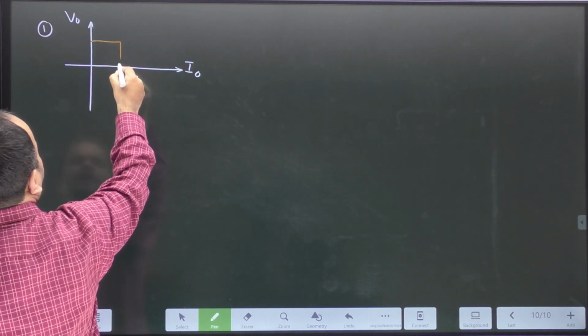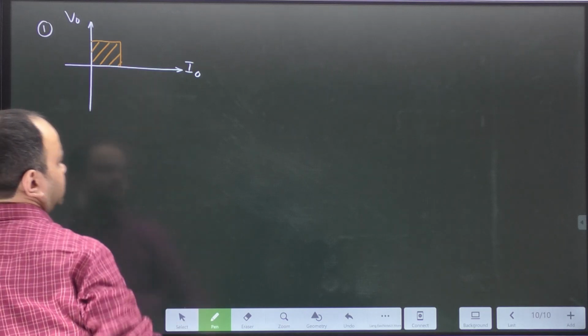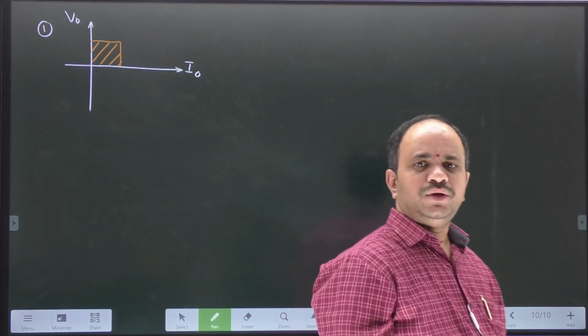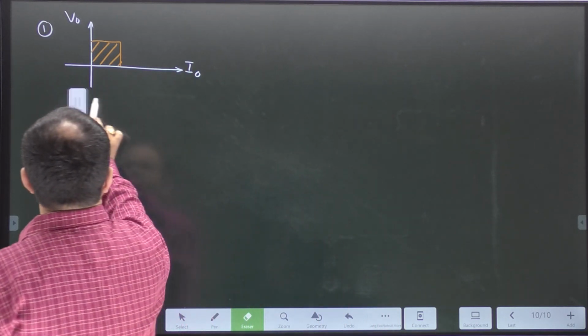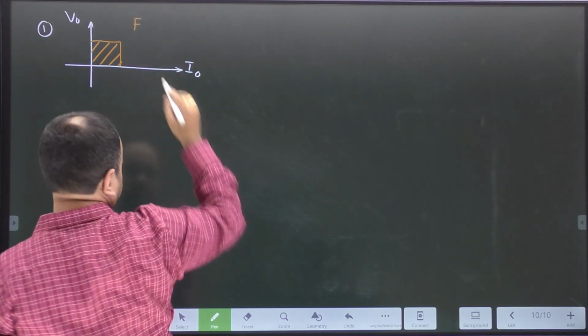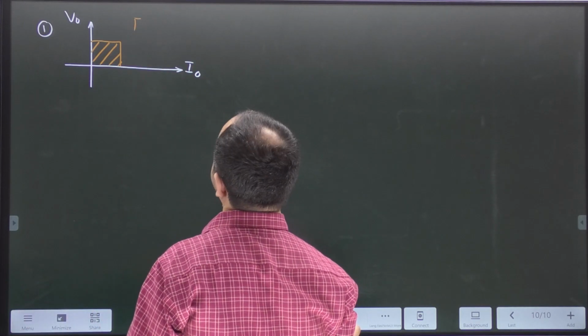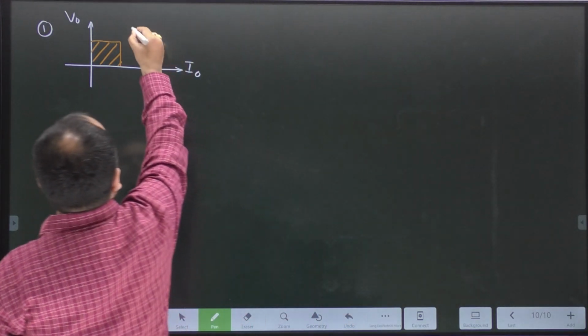And we would like to operate the machine in the first quadrant of operation. So what is the first quadrant of operation? That is forward motoring.